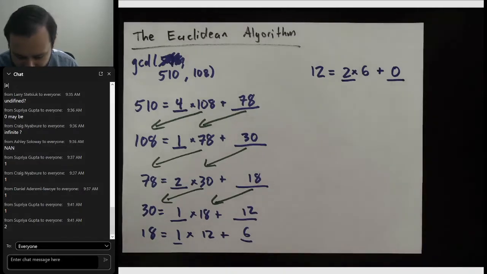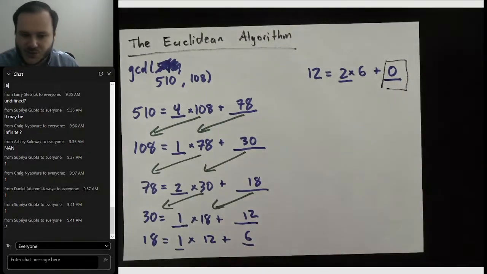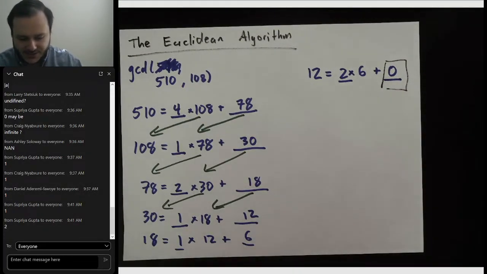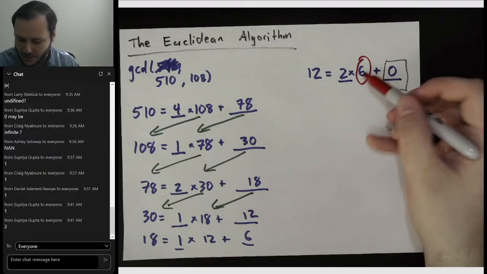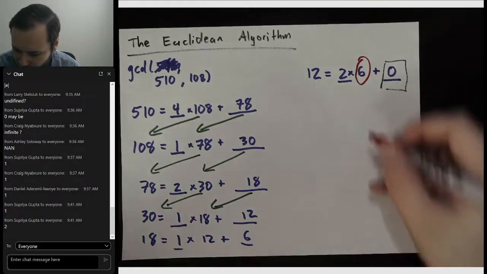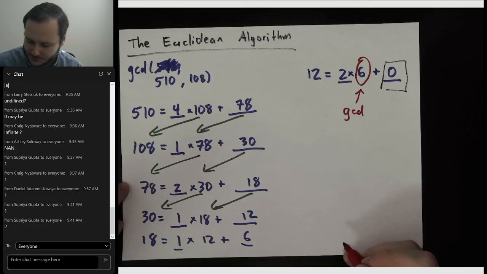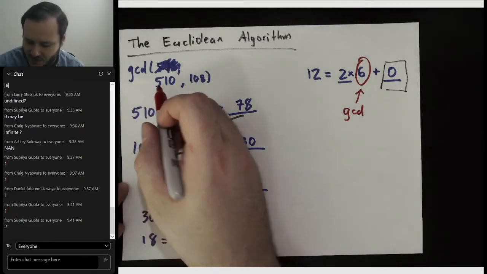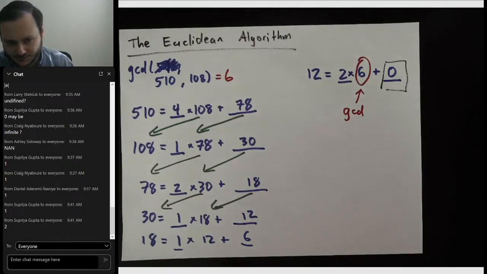When I get to this 0, I know I'm done. And the GCD is the last thing that shifted over. This is the GCD. GCD of 510 and 108 comes out to be 6.